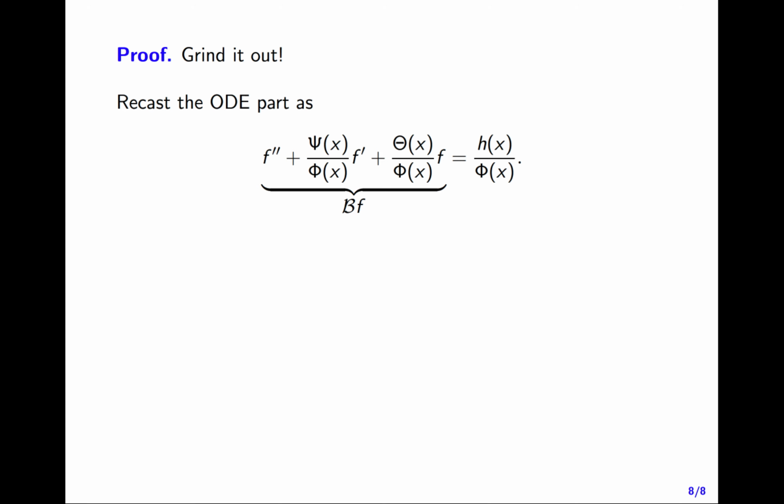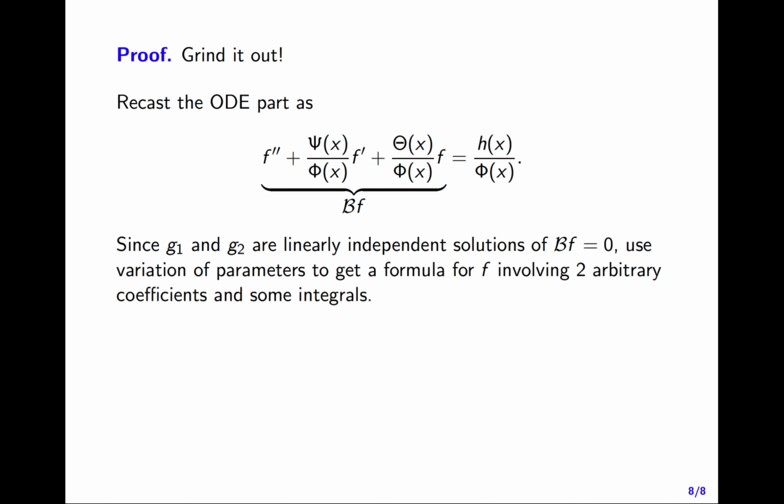So call the left-hand side here B on f. B on f is a perfectly nice second-order linear differential operator with possibly variable coefficients. We know how to solve non-homogeneous problems involving B.